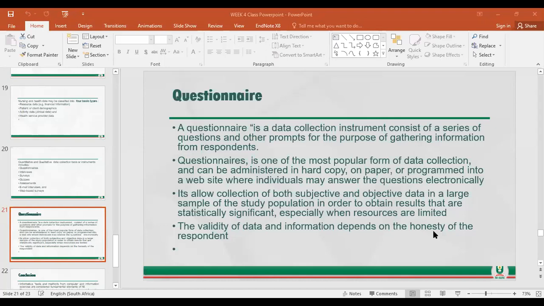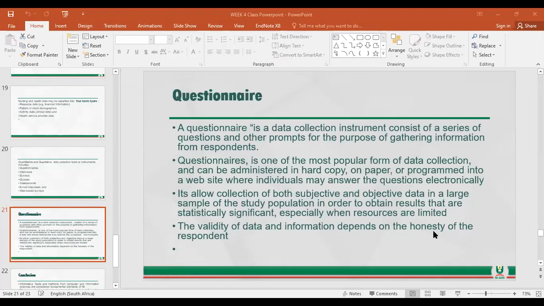Questionnaires are one of the most popular forms of data collection and can be administered in hard copy or on paper, or programmed into a website where individuals may answer the questions electronically.